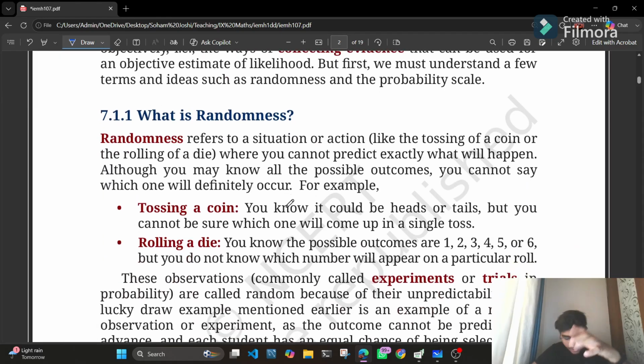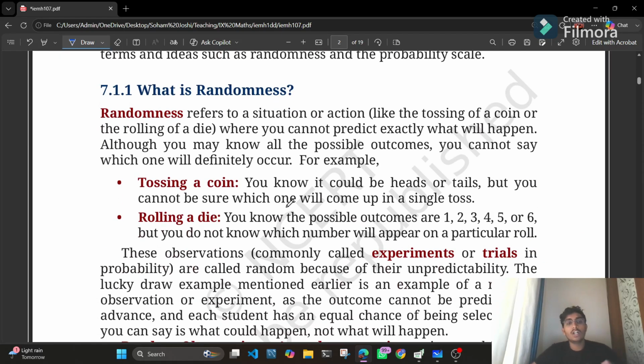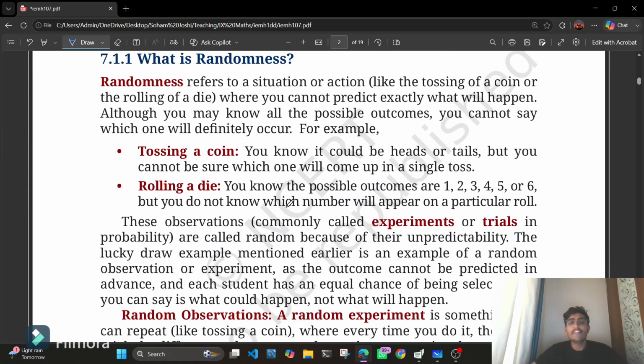Okay, moving further, the question arises: what is randomness? Randomness refers to a situation or action like the tossing of a coin or rolling of a die, where you cannot predict exactly what will happen. Now, if you are tossing a coin, there are two possibilities that will come up. Either you could get a tail or you could get a head, right?